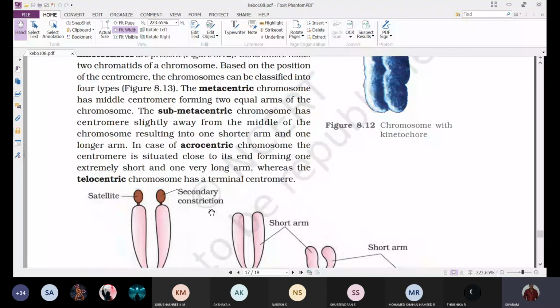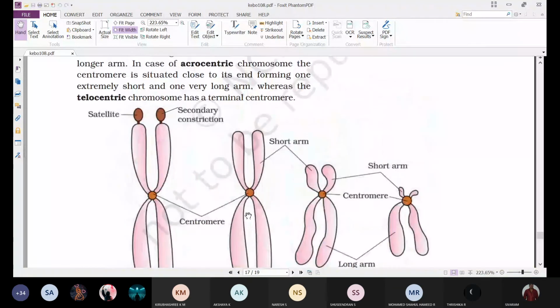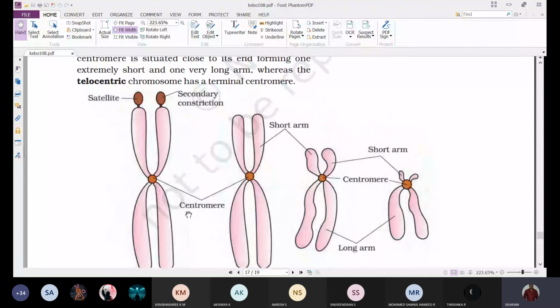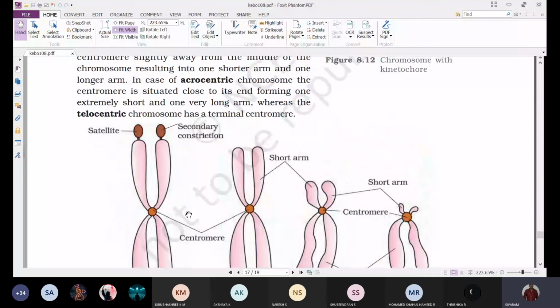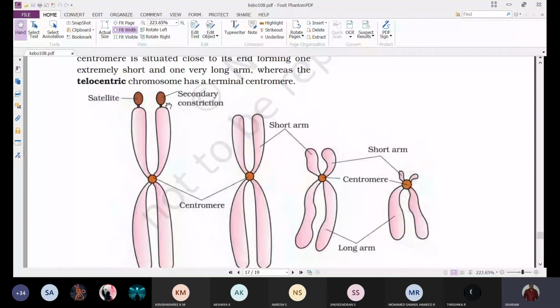Here, the first picture we can see is the metacentric chromosome. Here we can see the centromere is present at the center, and both the arms are of the same size. Here we can see the presence of a secondary constriction.